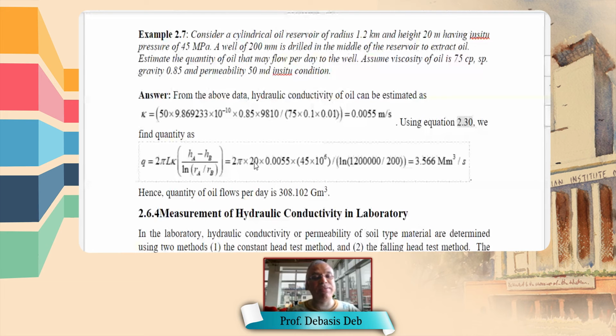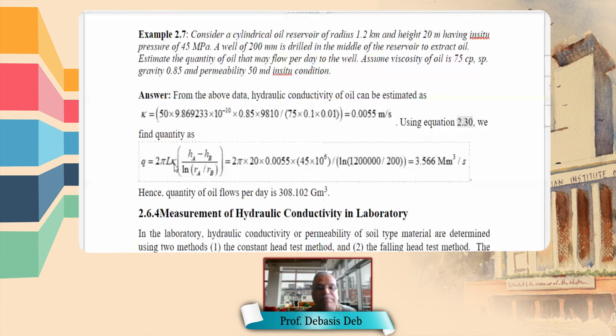See, this is given, 20 meter. This is 45, HA minus HB. Now I am multiplying with 10 power 6 because I am converting from megapascal into Pascal. And this is converted into millimeter. Okay, this is 1.2 kilometer and this is just 200 millimeter. So converted into this. Now what remains is the value of K because we need the hydraulic conductivity.